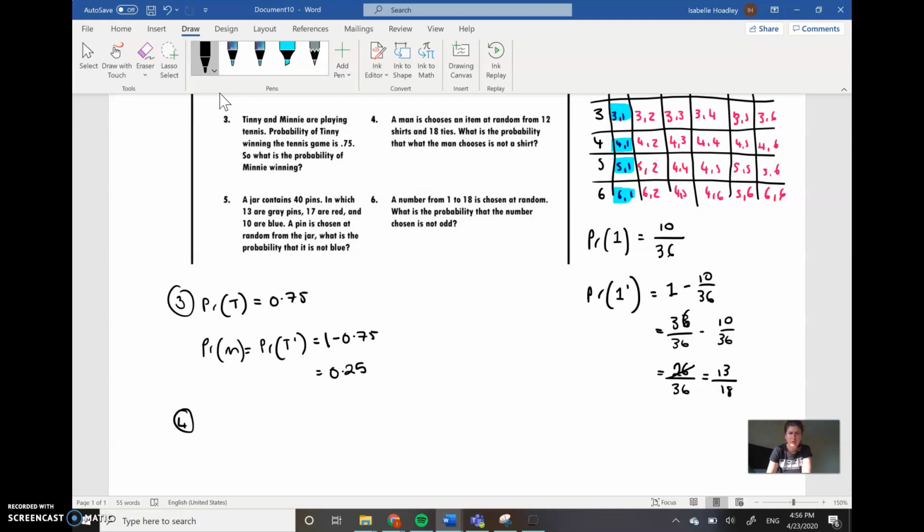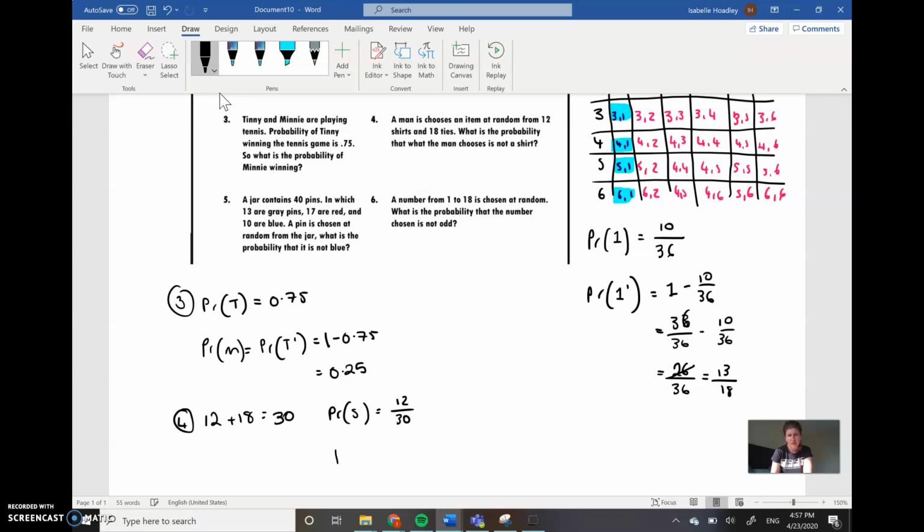Okay, so question 4. A man chooses an item at random from 12 shirts and 18 ties. What is the probability that the item the man chooses is not a shirt? So first thing we should think about is 12 plus 18 means you've got 30 bits of clothing altogether. So the probability that he chooses a shirt is 12 out of 30.